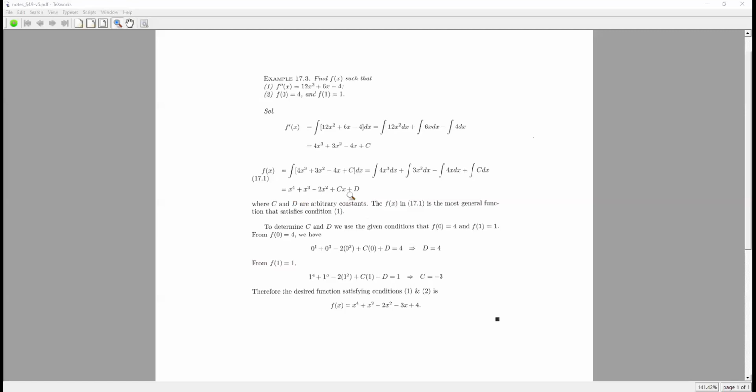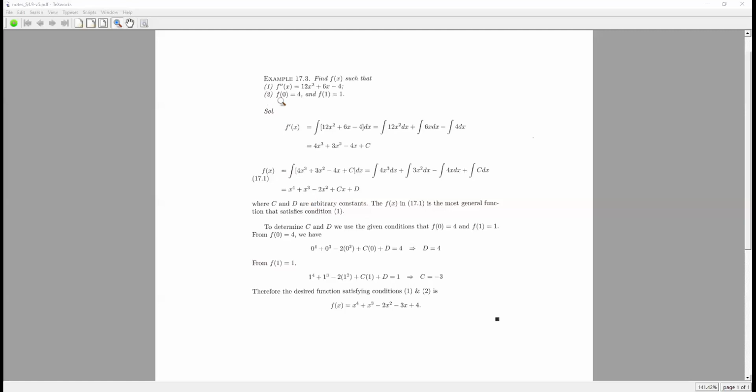This is all the possible functions that satisfy condition 1. Because c and d are arbitrary, there are infinitely many such functions. Now from these infinitely many functions, I pick one that satisfies condition 2.